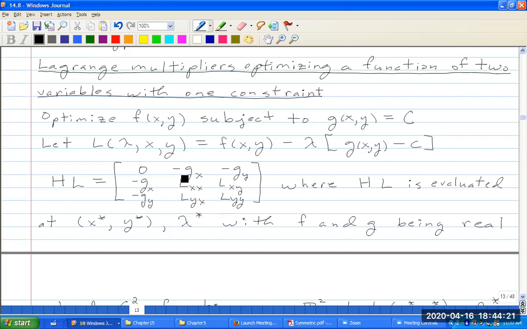And so this will be the second partial of L with respect to x, and the mixed partials, and again, I'm going to assume that these are, well, this is the other mixed partial, and then the second partial of L with respect to y.